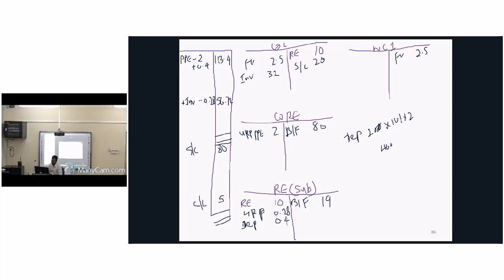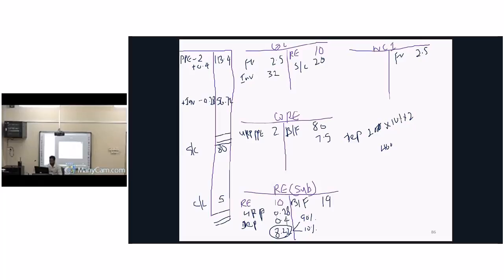Now let's see about first consolidated retained earnings. Subsidiary's retained earnings, 19 opening balance, 10 pre, minus 0.28, minus 0.4, finally we have 8.32. This is post acquisition profit, should be split into two, how? 90% and 10%. 90% means 7.5 goes to consolidated retained earnings.